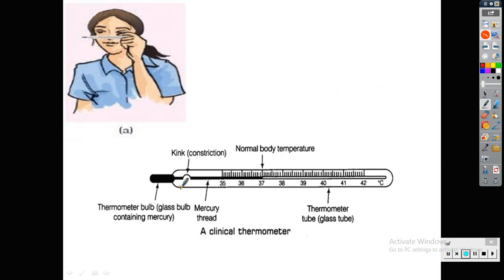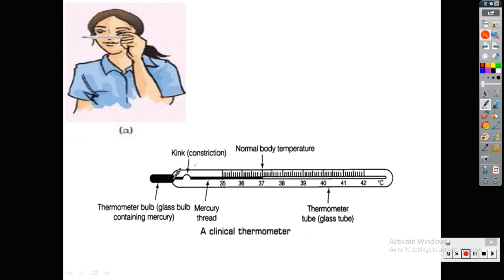It may be inside the mouth, or in the armpit, or any part. The bulb will be completely covered by the body part, and it has to be kept for 2 minutes. After 2 minutes we take it out and read the temperature. While keeping it for 2 minutes, the mercury will rise and we will get the expansion level, whichever is the temperature.